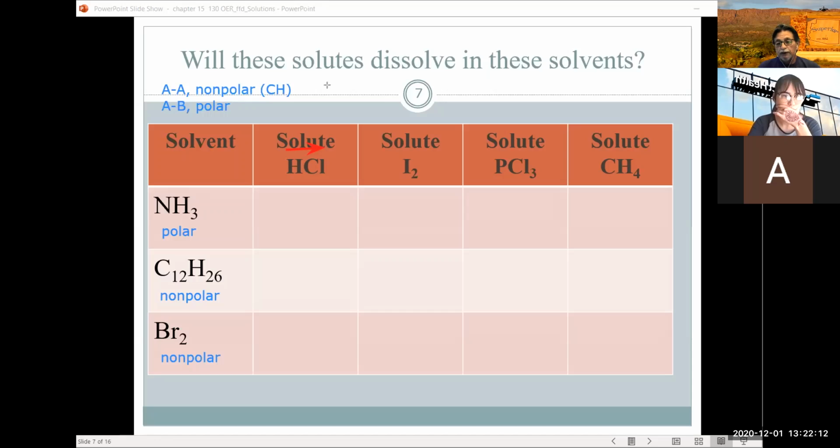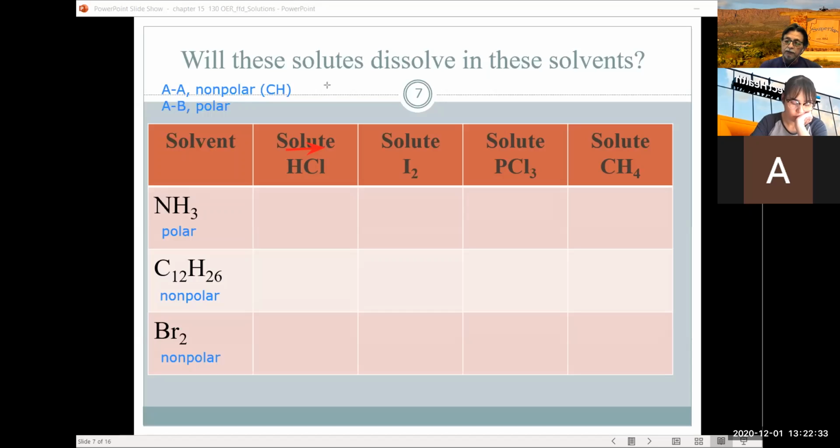Now, the next one, I2. I2 is represented up there, what I wrote on the top left, as AA. These are two elements exactly alike. That bond between them is equally pulled. The electrons are being shared equally because the electronegativities are the same.